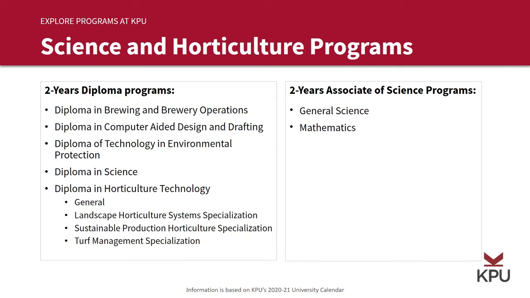Okay, so if we talk about 2-year programs, as Olivia had started, this slide has 2-year programs, but diploma in brewing or brewery operations, diploma in computer aided design, or diploma of technology in environmental protection. These are limited intake programs. So if you are in any faculty, or even if you are in science faculty and you are not in this program, but you are interested in these programs, you have to apply for these programs.